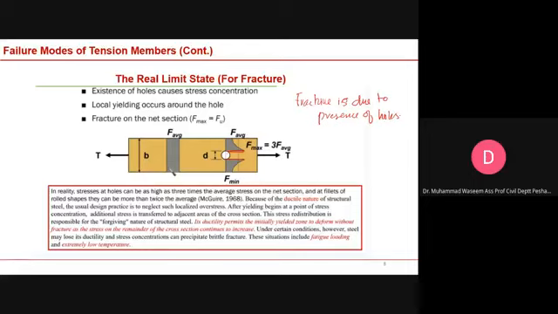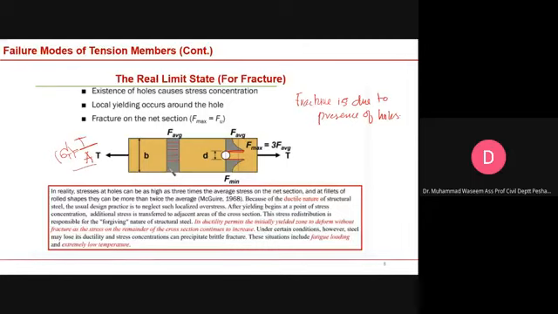Whenever you have holes, what happens? For example, this is a region in which you do not have holes. The average tensile stress in this region can be computed as axial force divided by cross-sectional area. This is the average tensile stress which you can compute with this formulation.